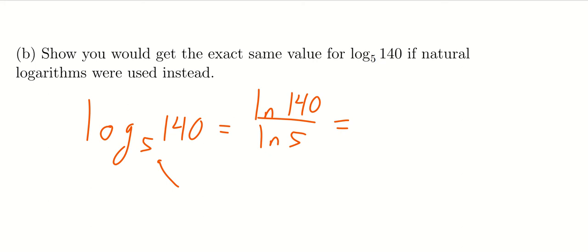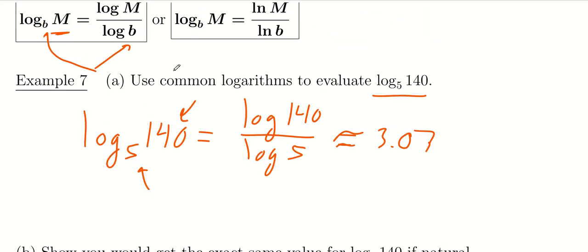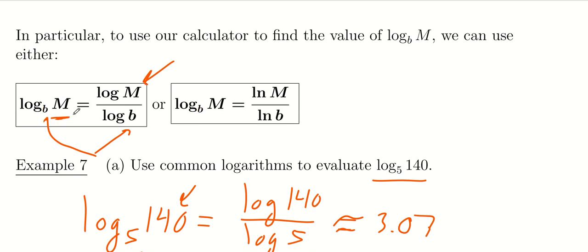If you plug this in, you're going to get the exact same approximation, 3.07. It's exactly because of the change of base formula that the calculator does not need logarithms for different bases. As long as you know the log values for one base, we can calculate, according to the change of base formula, the logarithm of any base of any number. It just so happens that both common log and ln are so popular that calculators tend to include both of them.